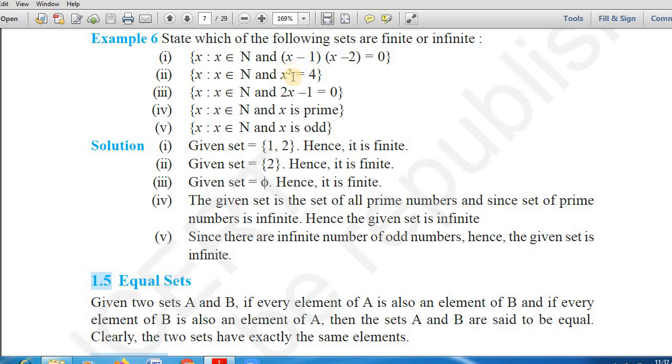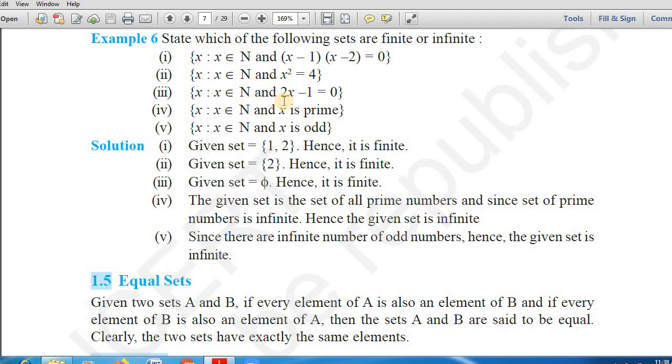We have to consider only one element, that is 2, because 2 is natural, minus 2 is not. So this set comprises only one element, and obviously it is finite.